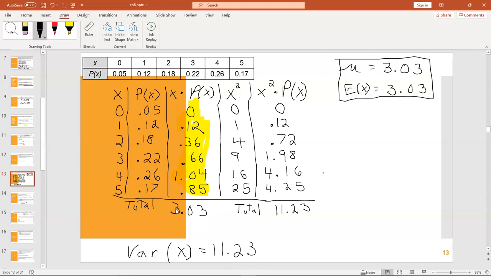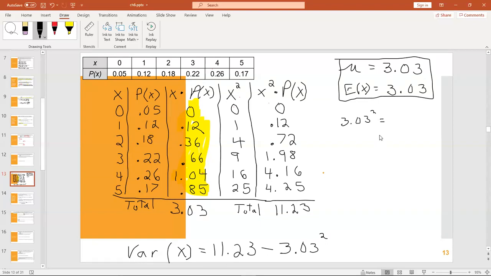And then what we need to do is subtract the mean squared. Since these are all squared values, we're going to do the mean squared and find out what that is. We're going to do 3.03 squared. 3.03 squared happens to be 9.1809, for those playing the home game. I'll write it over here.